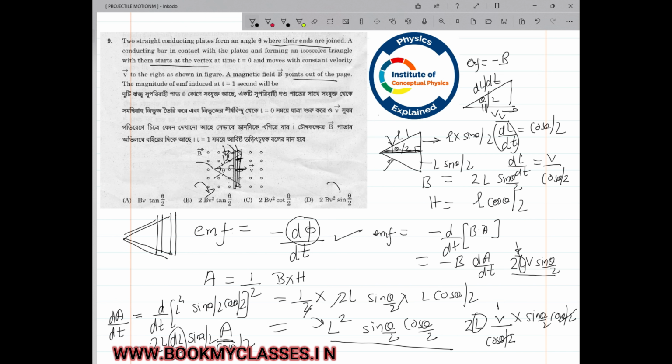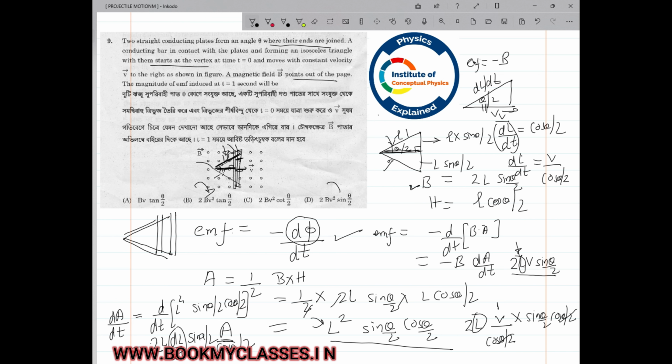So if this is your L, which is continuously increasing, this is your velocity. Okay, so what is the relationship between this length and this particular base, which we have written as B, right? So this is what we had used. Base is equal to 2L sine theta by 2.